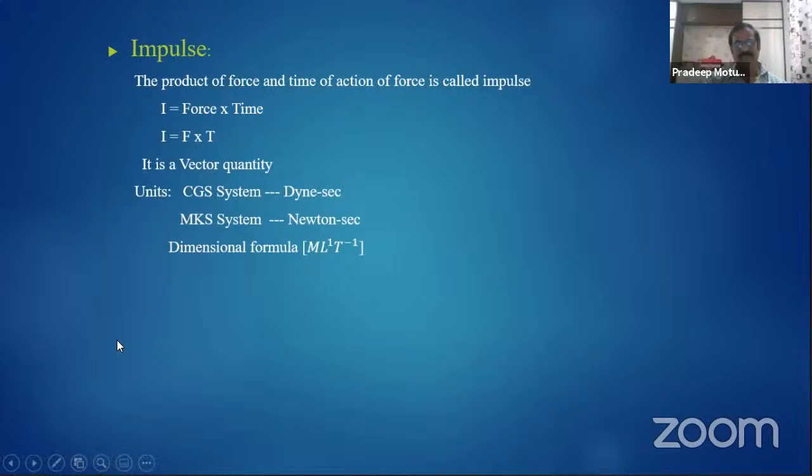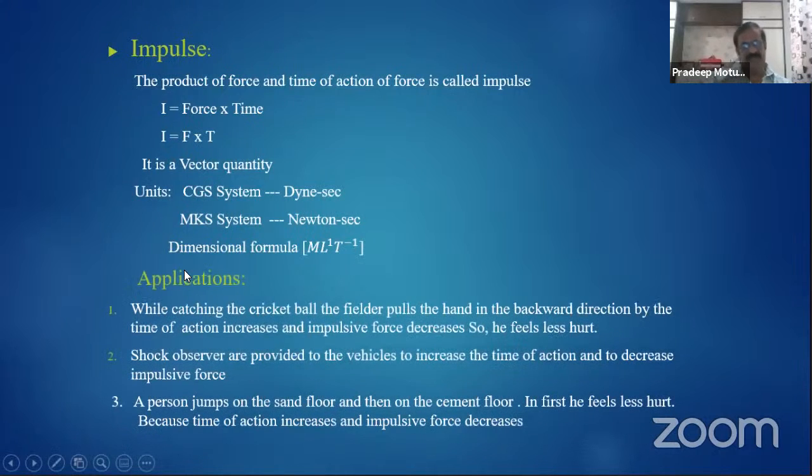Now, by considering some examples, you can easily understand about the impulse. Take some applications. Very easy. Children, you are playing cricket.